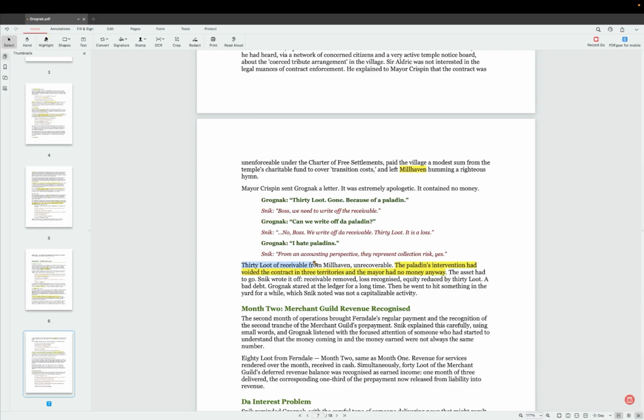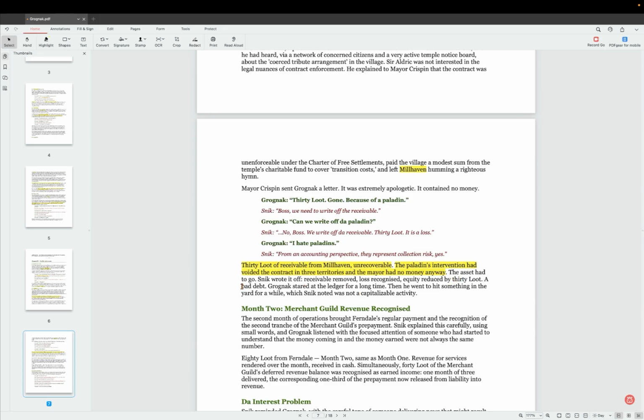So the loot receivable from Millhaven should be collected, but it's uncollectible. As a result, the company is no longer able to collect the 30 loot that was previously recorded as accounts receivable, because the receivable is uncollectible. The company must remove the receivable and recognize a bad debt expense.